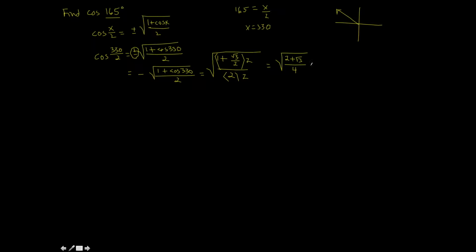So, I can simplify this into the square root of 2 plus the square root of 3 all over 2, because the square root of 4 is 2. And this is a negative, remember. Make sure you don't forget your negative like I did right there. This is a negative because cosine of 165 is in the second quadrant. So here's your answer, and you could easily punch that out in the calculator and double check it, just like we talked about in our last section.